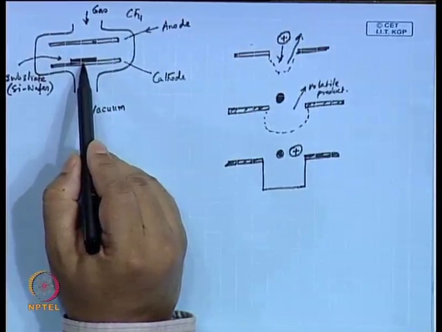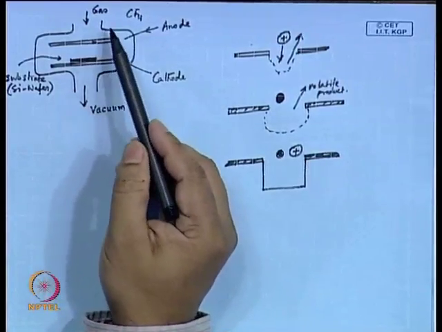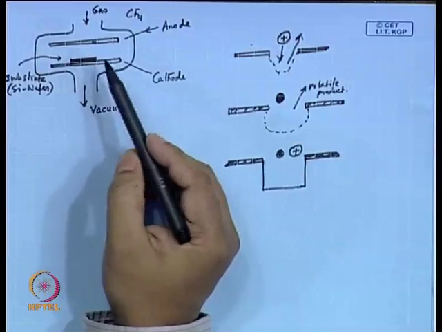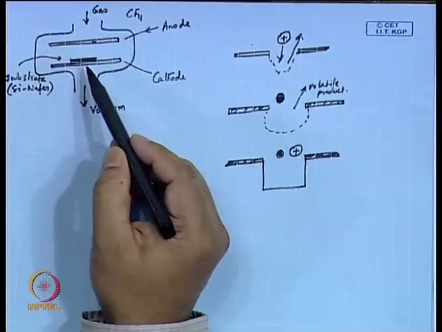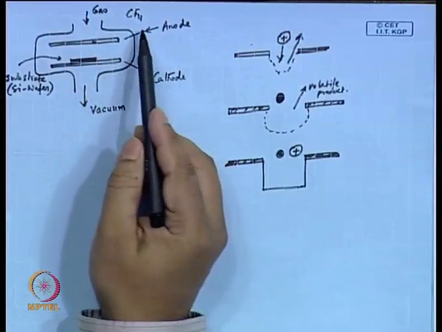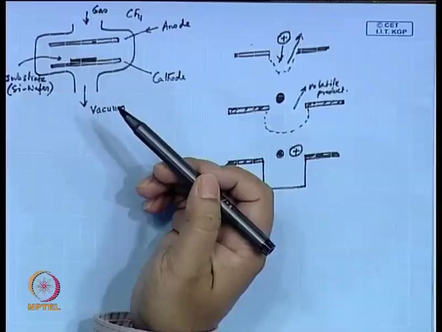So, here also the same thing is happening. You have the target placed on the cathode. Cold plasma breaks down CF4 to CF3 plus F minus and makes the ion ballistic at low pressure.